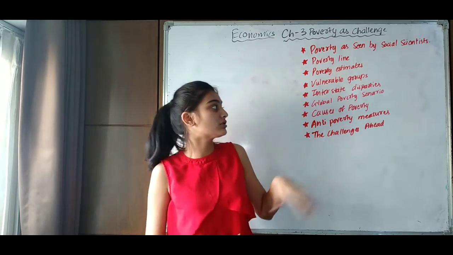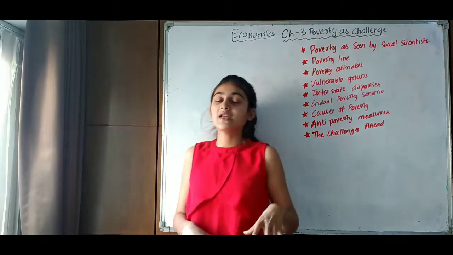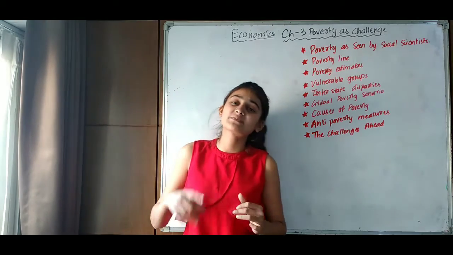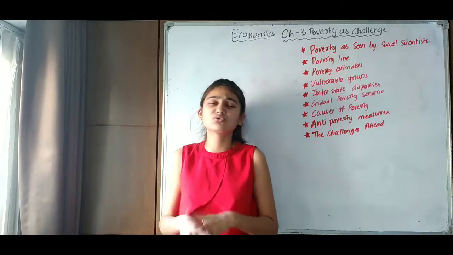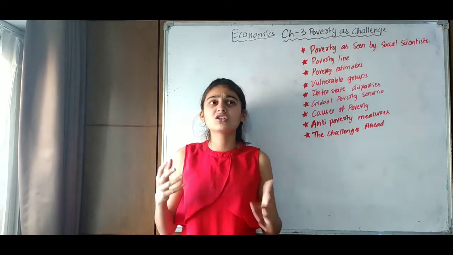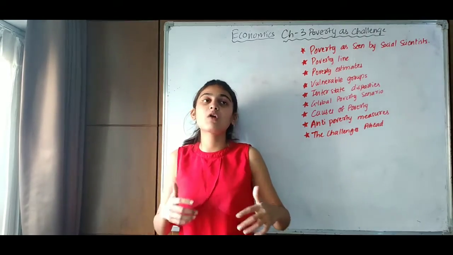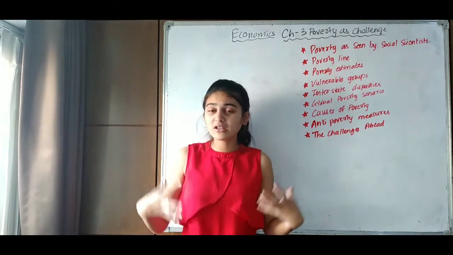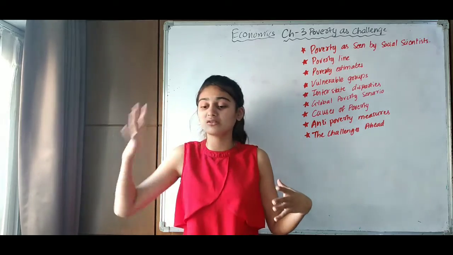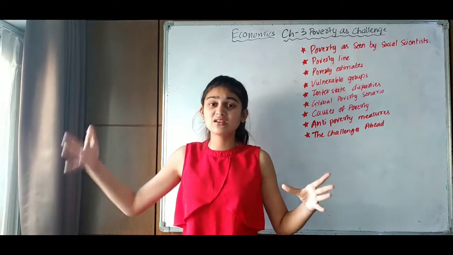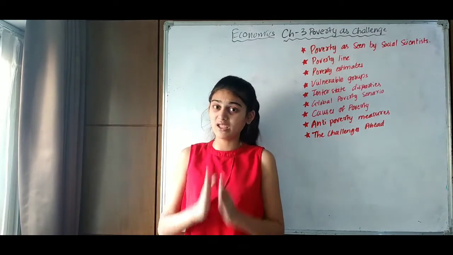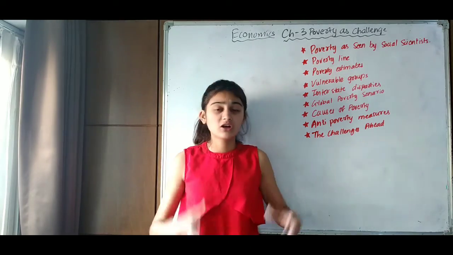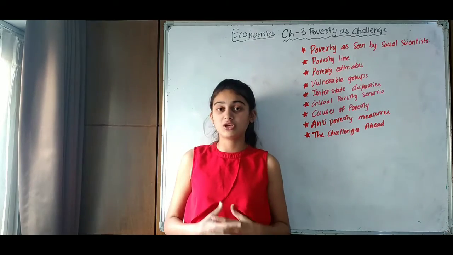So this is the global poverty scenario. In many South Asian countries such as Pakistan, Afghanistan, Nepal, Bhutan and Bangladesh, there is still huge poverty. India is also reducing the number of poor people in the country, but poverty is still not abolished from India.